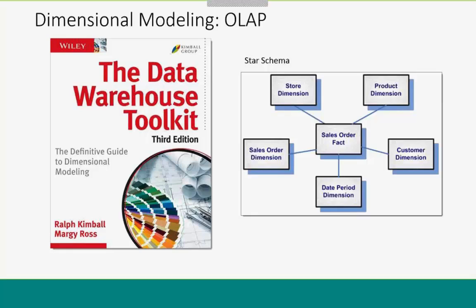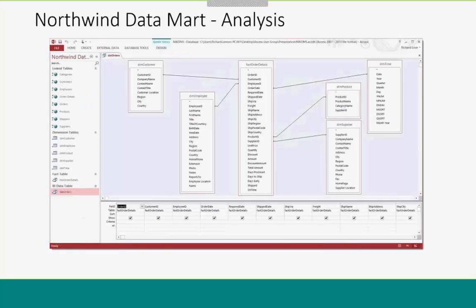This isn't from the Northwind, but it's conceptually basically the same, to show you how you want to build the schema and do that transformation with that Access data so that you can build a very simple but powerful BI app. So if I go to a data mart, this is a data mart, a separate desktop Access database.